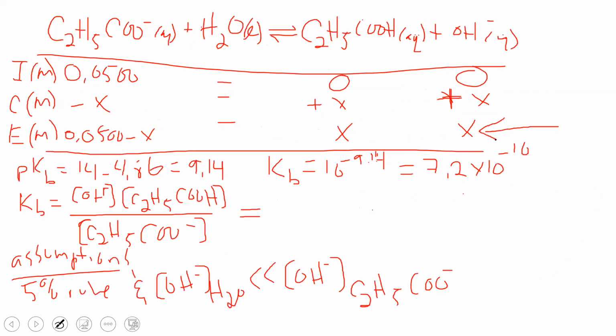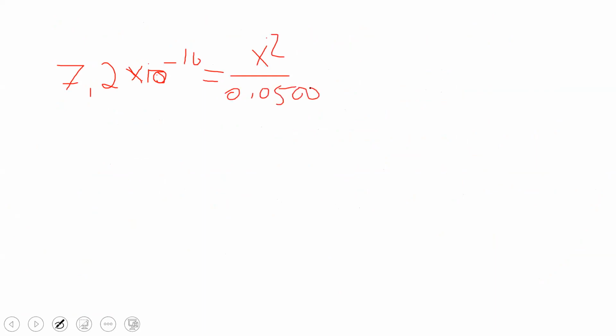So we can plug those values into our equilibrium constant expression. We'll do that on the next page. So we have our Kb, which is 7.2 times 10 to the minus 10, equal to x squared over 0.0500. Squared will be 3.6 times 10 to the minus 11.